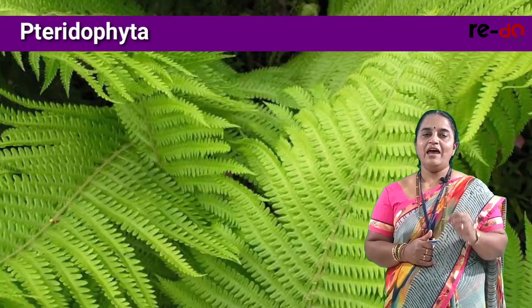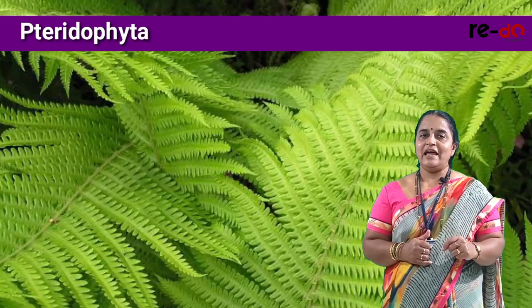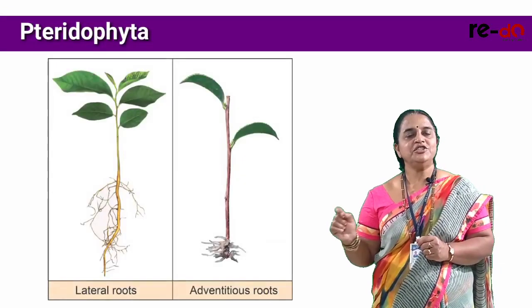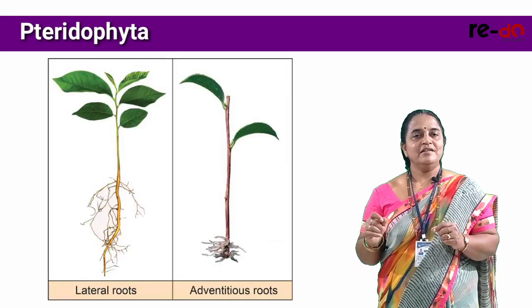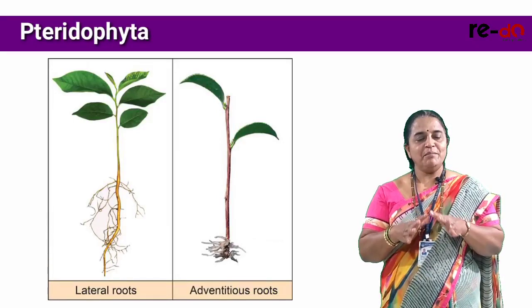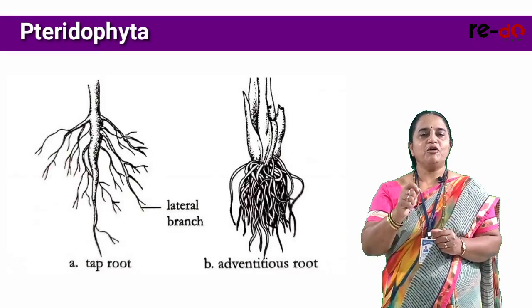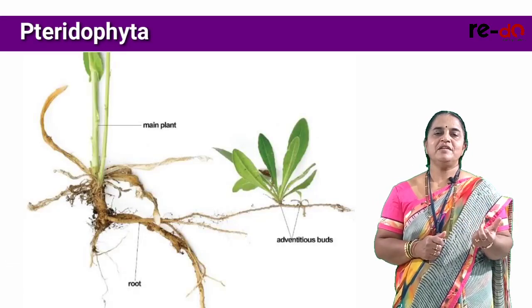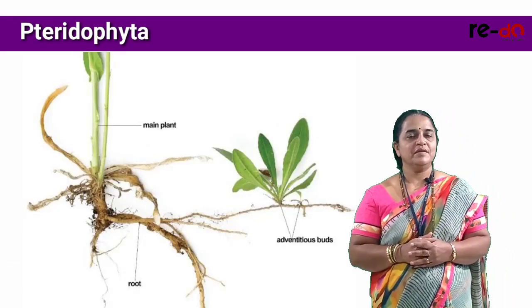The plant body has a descending axis represented as the root system, and the type of roots are adventitious, where the roots have many branches arising from a common point. They provide anchorage and help in absorption of soil water.